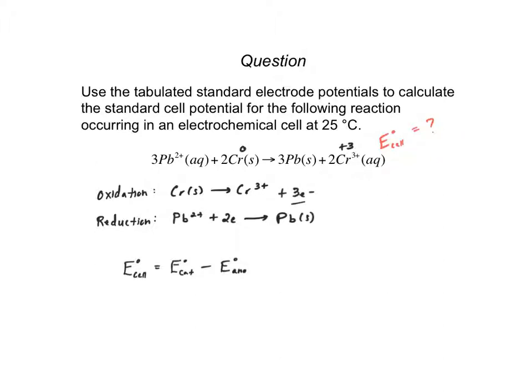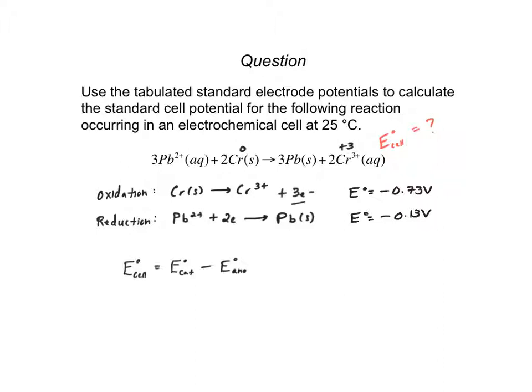So we go to our nice little handy reduction potential table, and hopefully you can read it. For the chromium half reaction, we get a reduction potential of minus 0.73 volts. And for the lead half reaction, we get a potential of minus 0.13 volts.